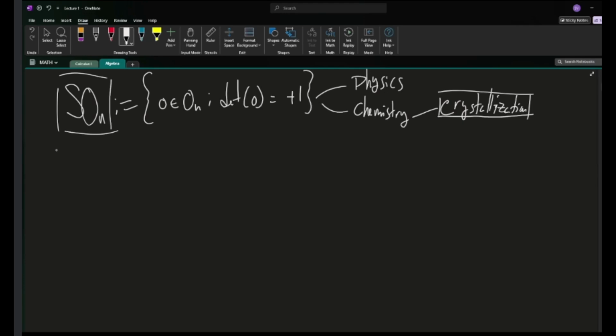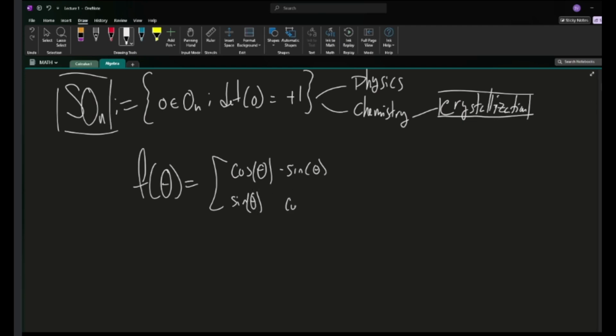All right, and to expand upon that crystallization aspect, if you've taken a linear algebra course, you've probably seen the function phi of theta, equal to this matrix: cosine of theta, negative sine of theta, sine of theta, and cosine of theta.